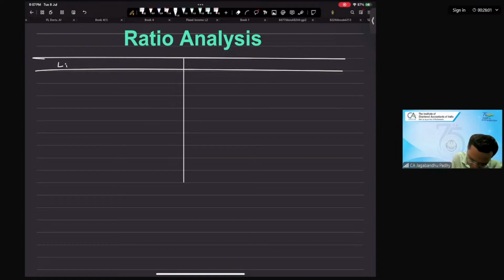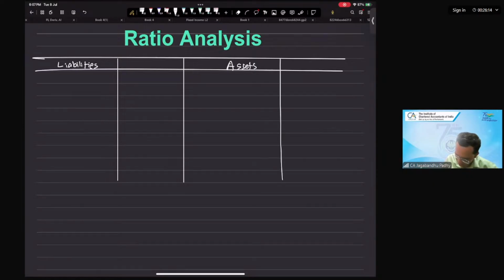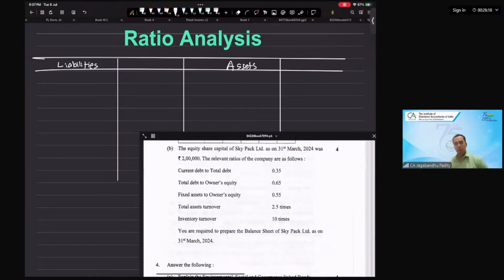Okay, so we've got the liabilities and the assets. Always remember to prepare a pro forma balance sheet so that we have some direction as to what we need to compute. Now, if we look at the question, we've got the information of equity share capital to be 2 lakh.